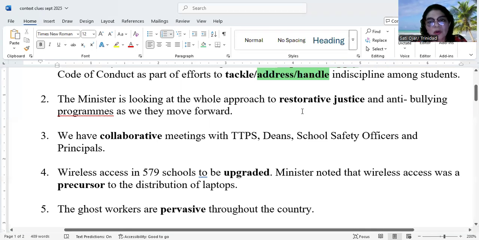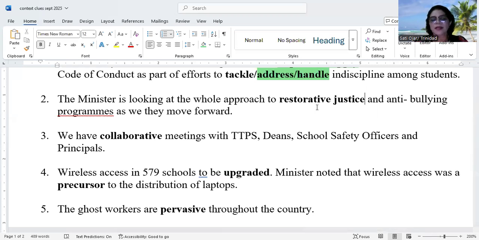Right. So restore means to put back, or to get somebody on the right track, to put them back on the right track. So restorative justice, what do you think that means? You're absolutely correct. Put the two together now.